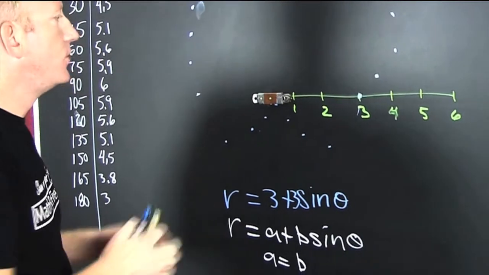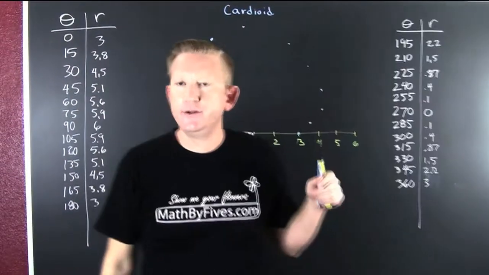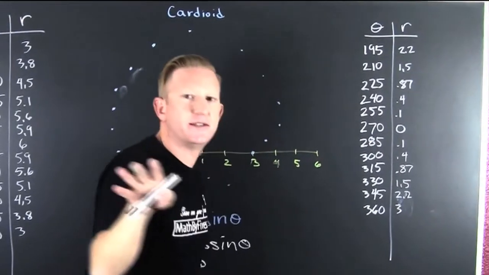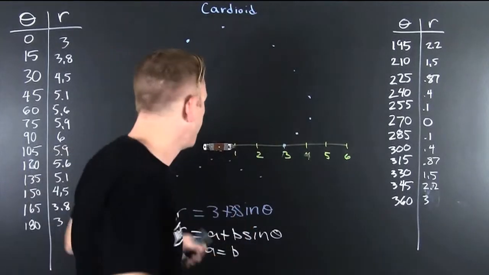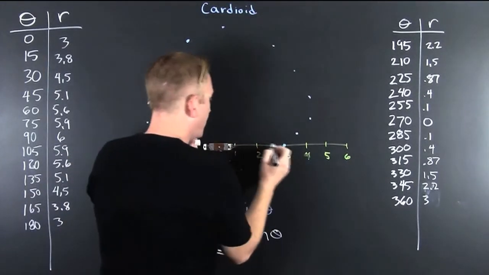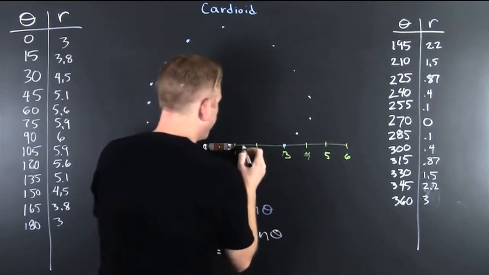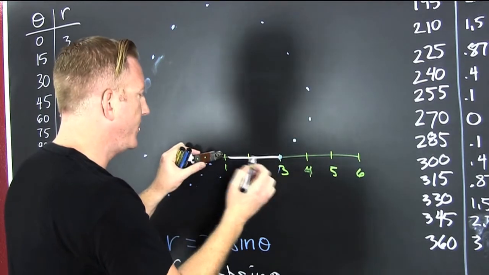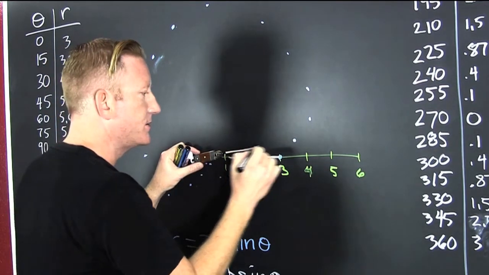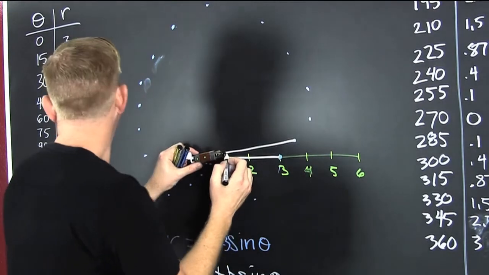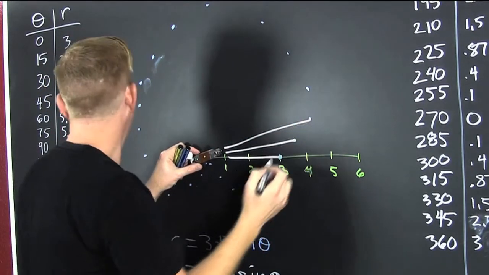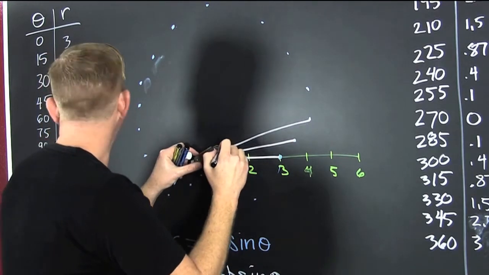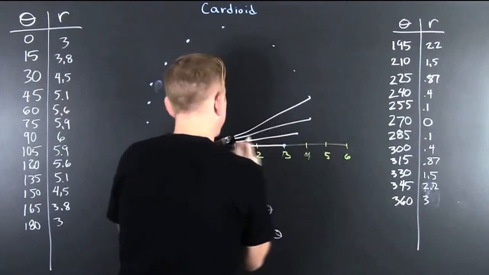When A and B are equal, we go through and we calculate a few values. Theta from 0 to 360. This will come full circle. When theta is equal to 0, boom, we go out 3, because that's how we calculate that. When it's 15 degrees, we see our function's 3.8. Then at 30 degrees, our function is 4.5. That means we rotate 60 degrees and we go out 5.6.